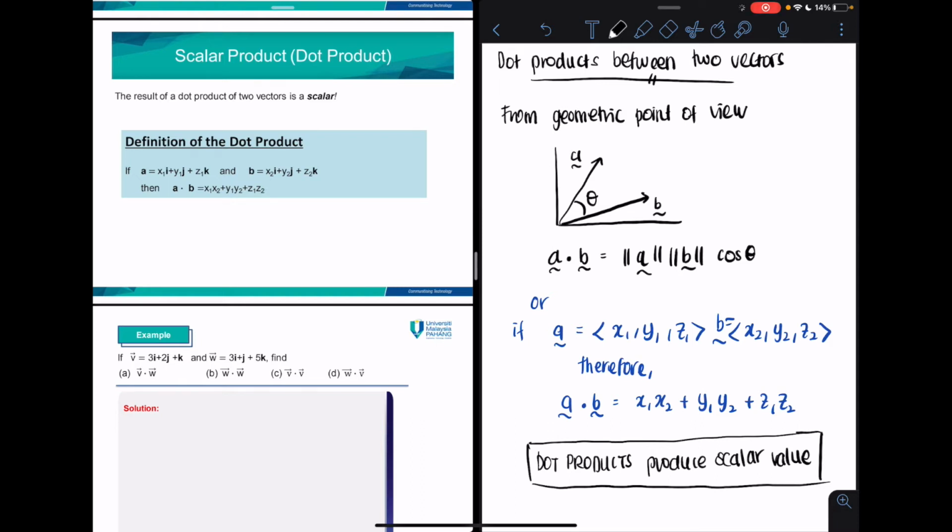From here, when we derive it, you end up with a scalar value: when you have two vectors, you perform the multiplication according to the coordinates, and then you sum them all together.